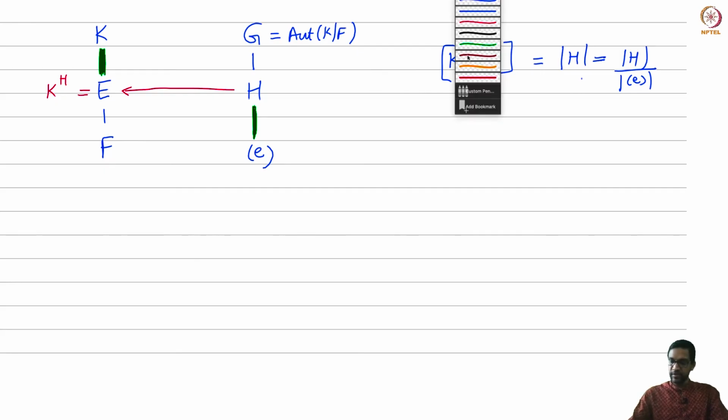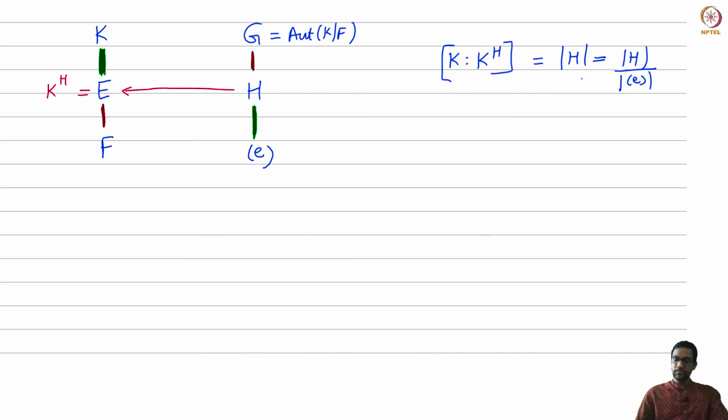Observe there is multiplicativity of degrees here. So this is one observation about the cardinalities of the subgroup and the degree of the extension.